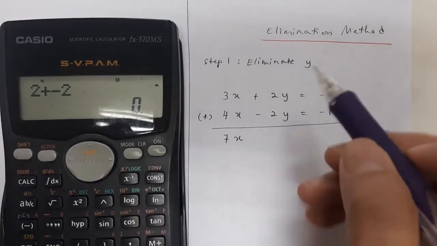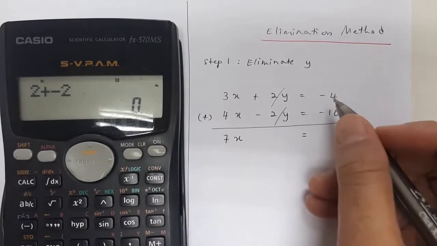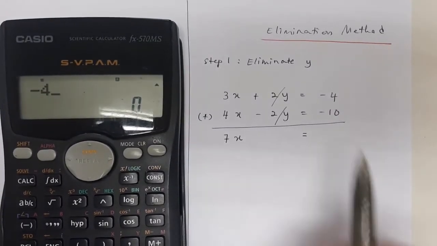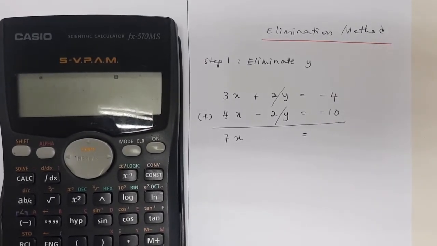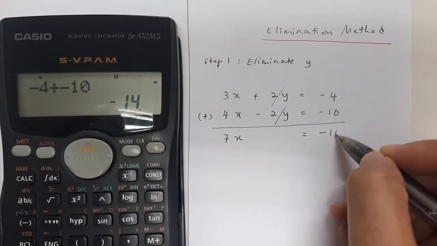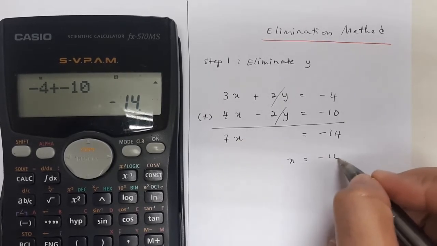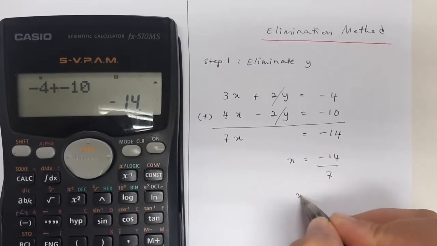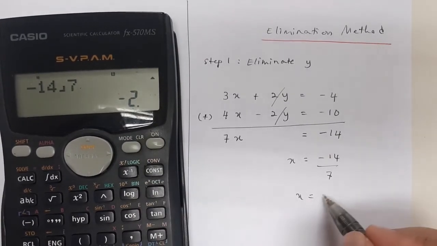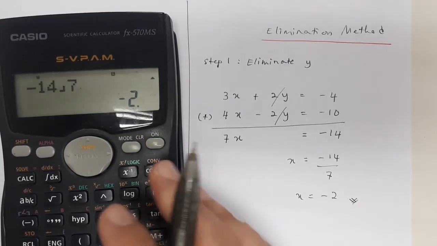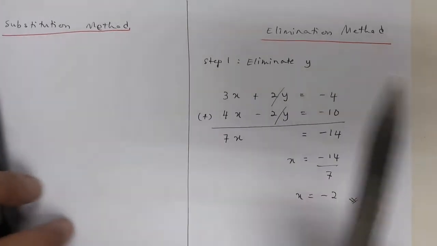So we can eliminate y. 7x equal negative 4 plus negative 10, negative 14. And finally, x equal negative 14 over 7. Negative 14 over 7 is equal to negative 2. Okay, done with step 1 where we eliminate y.